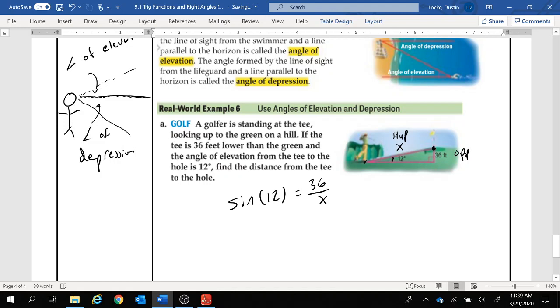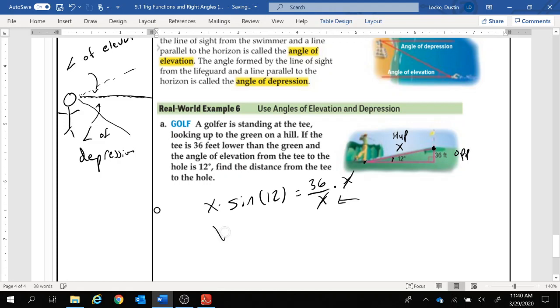Opposite over hypotenuse. Well, here's another one of those weird examples where we have the variable in the denominator. You can't solve for a variable if it's in your denominator, so we have to get rid of the denominator first. So let's get rid of those x's.